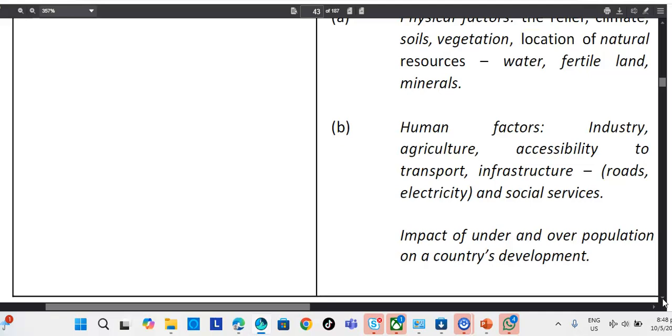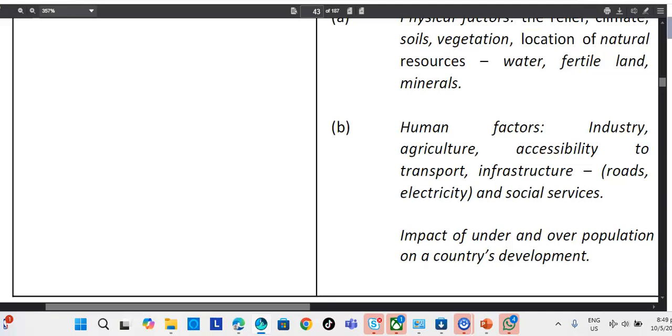You will not want to live somewhere where the road is poor and you can't travel as you wish. Your cars and your vans and your trucks are being damaged because of poor roads. You don't want to live in an area where there is no electricity. There are no social services, for example health facilities, educational facilities. No, you'll not want to live in areas like that.